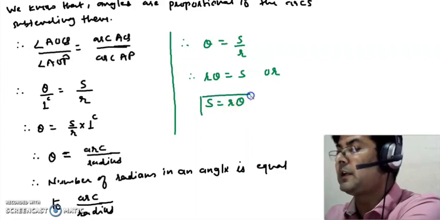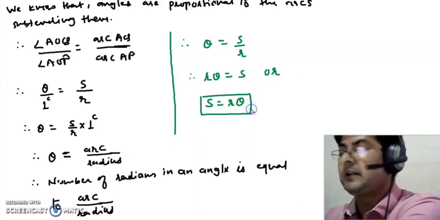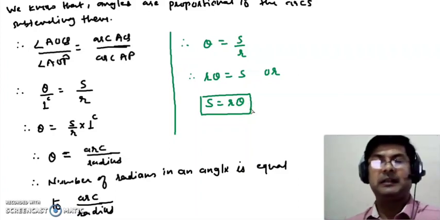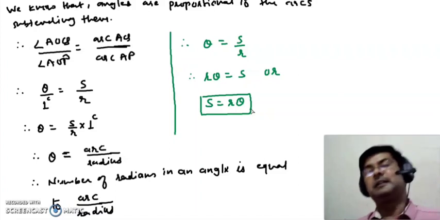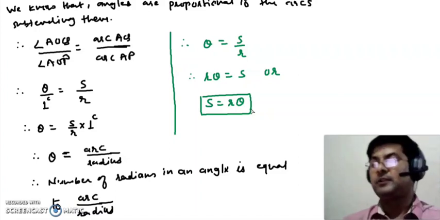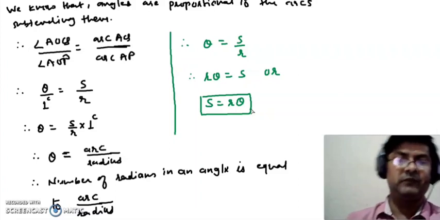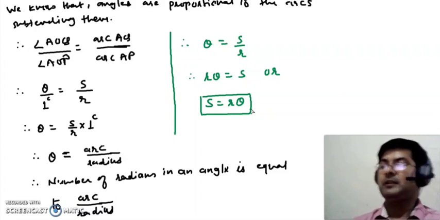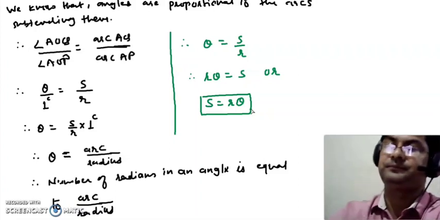This is the formula for calculating the arc length when you are given the radius of the circle and the angle subtended by the arc in radians at the center. Clear? So this formula will be helpful in solving the exercise. Now we have one more formula to be noted.